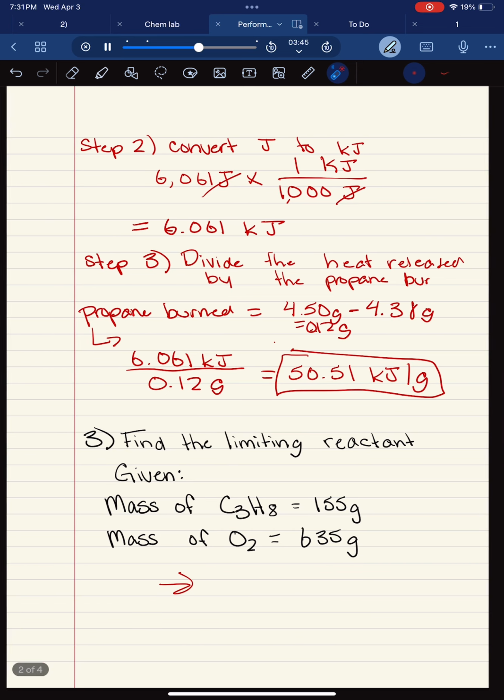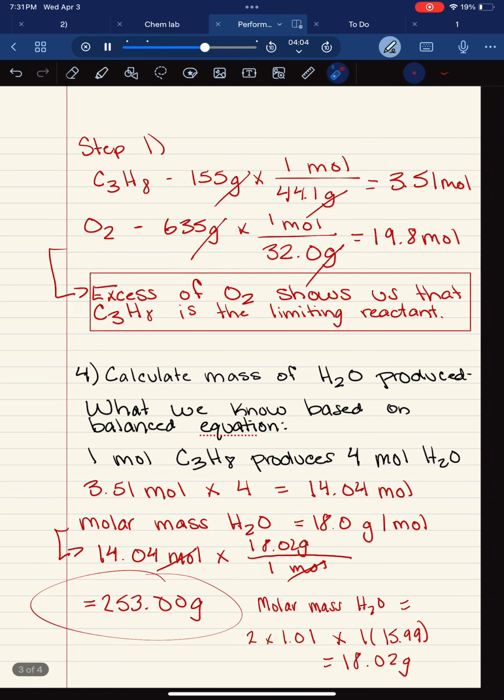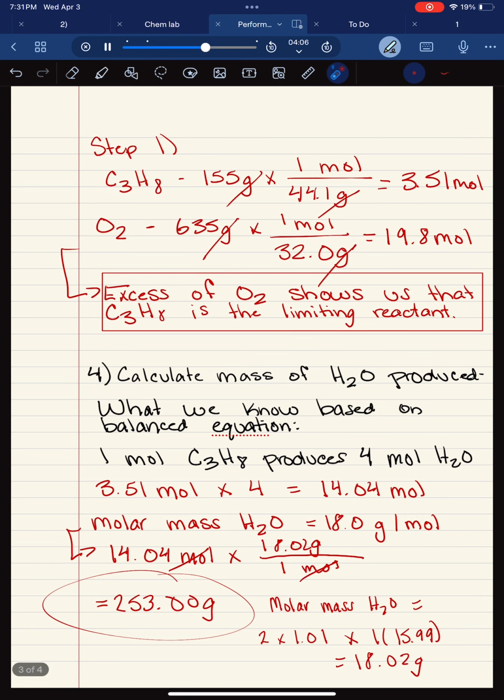The first step here is to cross multiply given our molar masses. So with our C3H8, we are going to come out to 3.15 moles. And then with our O2, we're going to come out to 19.8 moles. So we have an excess of O2, which shows us that our C3H8 is the limiting reactant of our equation.